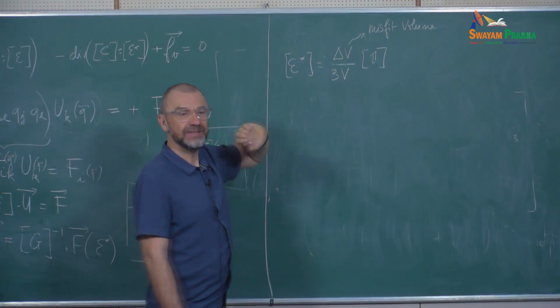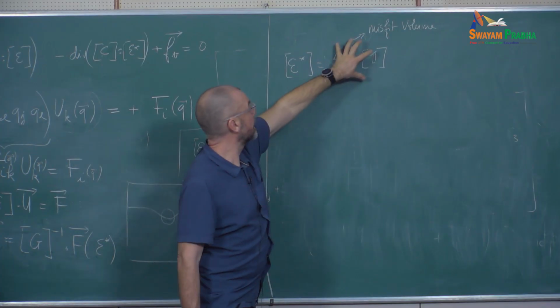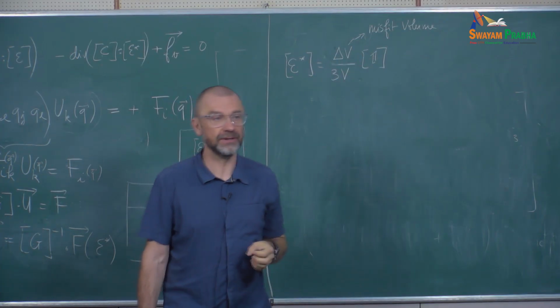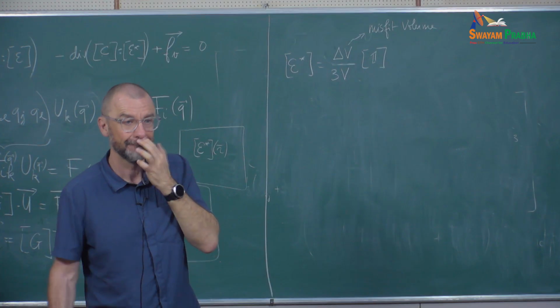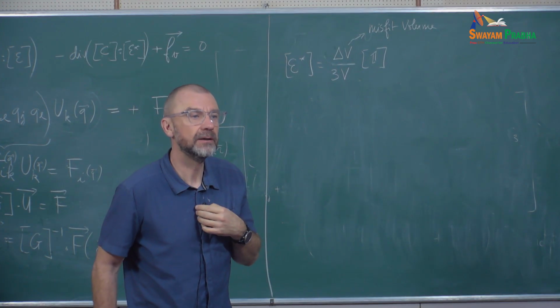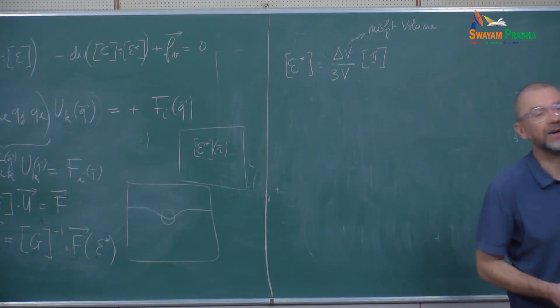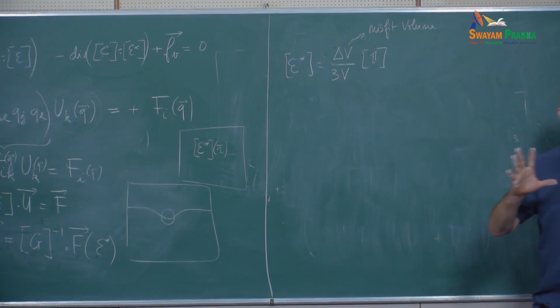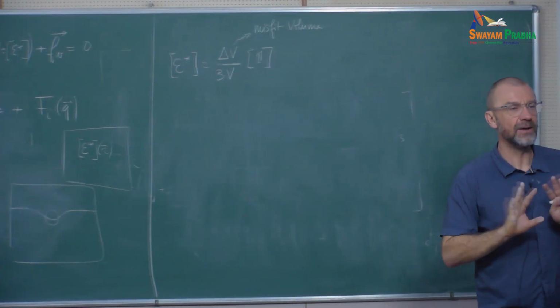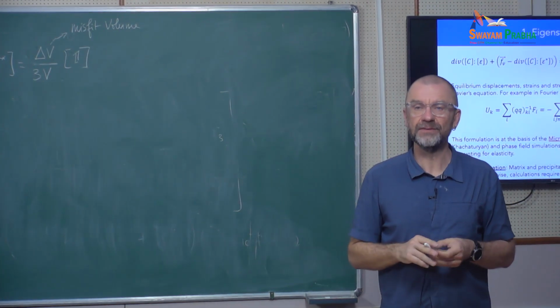What kind of defects do you think you could model elastically by using that kind of eigenstrain matrix? Yeah, precipitates, but is that it? Are they the only defects that you can model with a simple misfit volume like this?